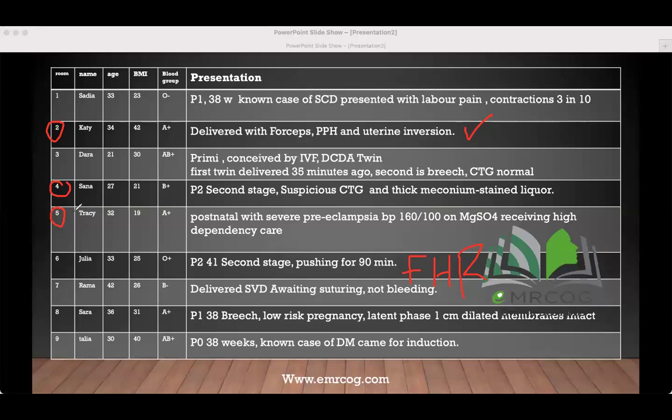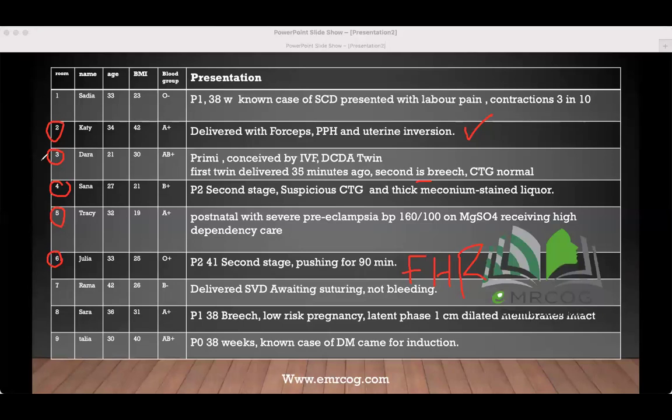Okay, then which case will come? The cases of delay. The cases of delay both have the same level. One is breech, but for 35 minutes, and the other one has been pushing for 90 minutes, and she is multipara.